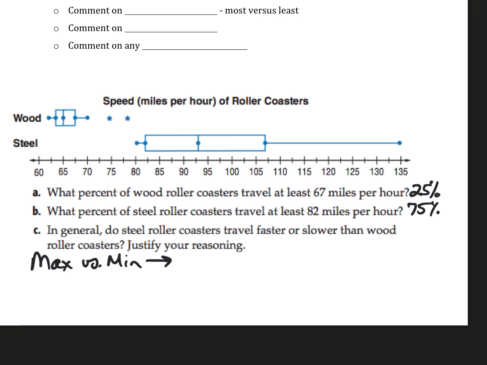The last thing you can say is that the maximum speed for steel is 135 miles an hour, and the maximum speed for wood is 77 miles per hour. That obviously tells you that steel is faster. Those are three good examples of why steel roller coasters are faster than wood.